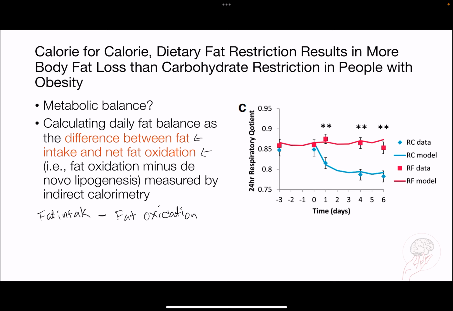And so if we look at their RQ results, recall that RQ is equal to carbon dioxide divided by oxygen consumed. So this is expelled, and this is consumed. So people on a reduced carbohydrate diet decreased their RQ.